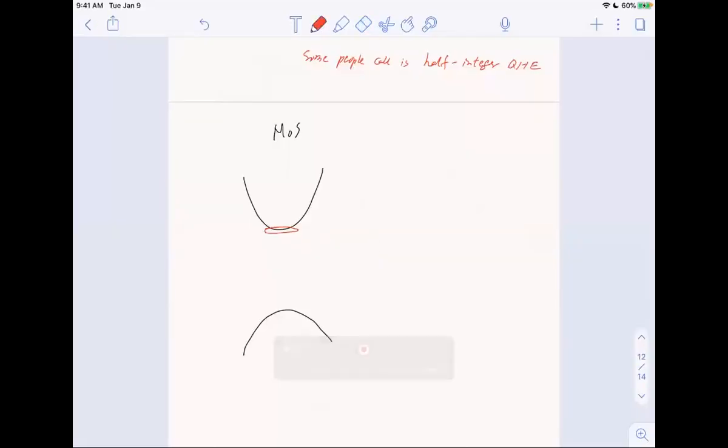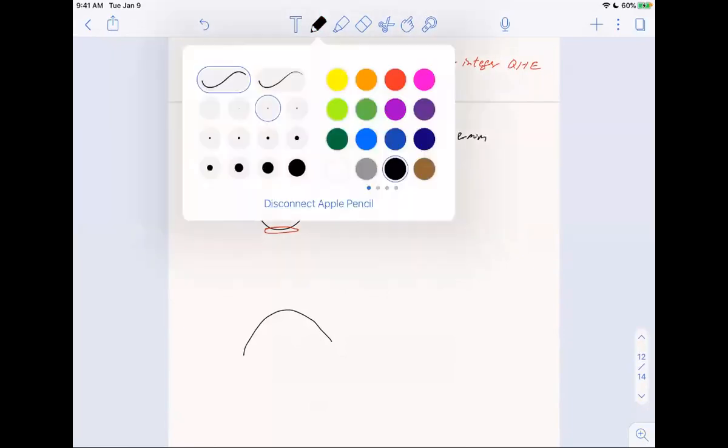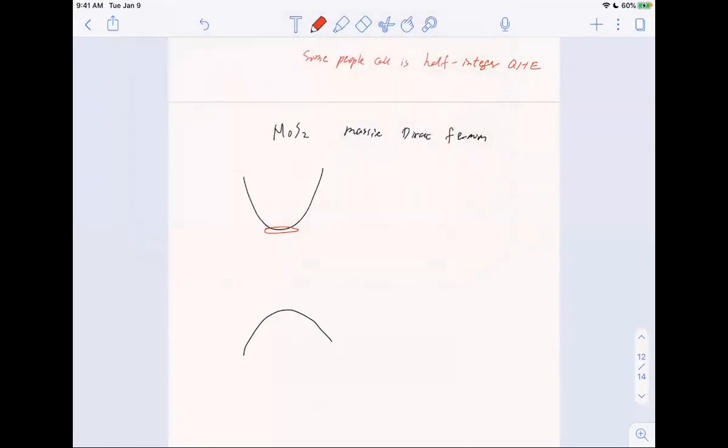MoS2 is a massive Dirac fermion. If you're interested, you can solve the Hamiltonian, add the massive term there, and see whether you can get this kind of Landau level.